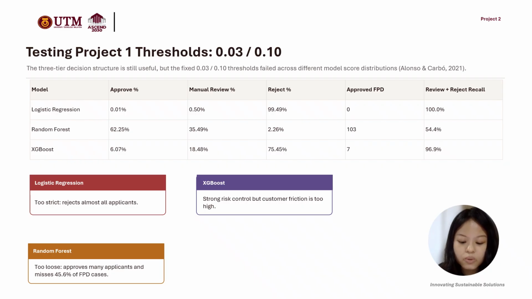Logistic regression was too strict and rejected 99.49% of applicants. Random forest was too loose and missed 45.6% of FPD cases. XGBoost controlled risk strongly, but rejected 75.45% of applicants. Therefore, the original thresholds cannot be used directly.